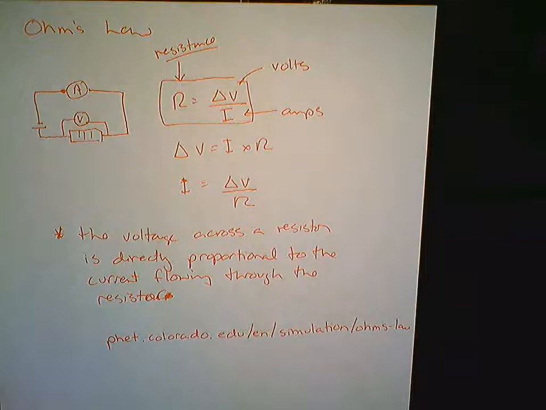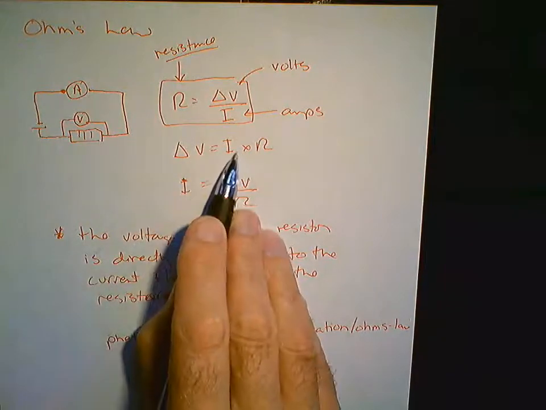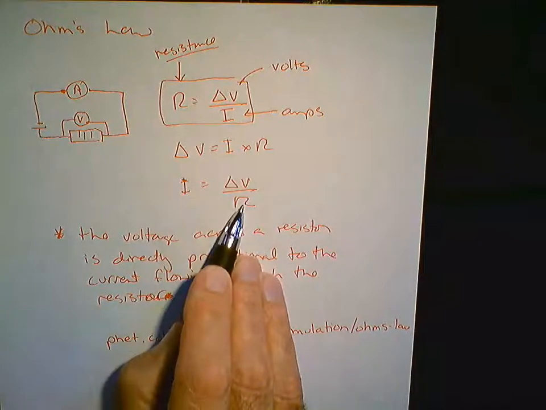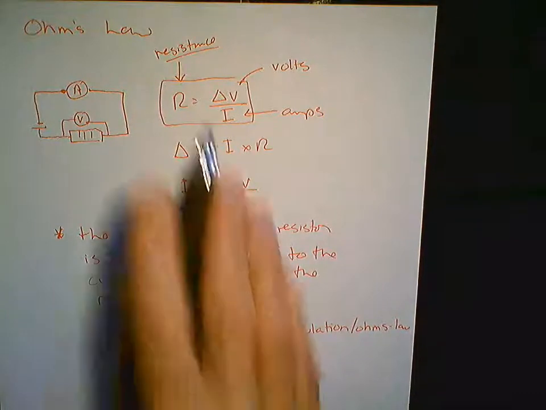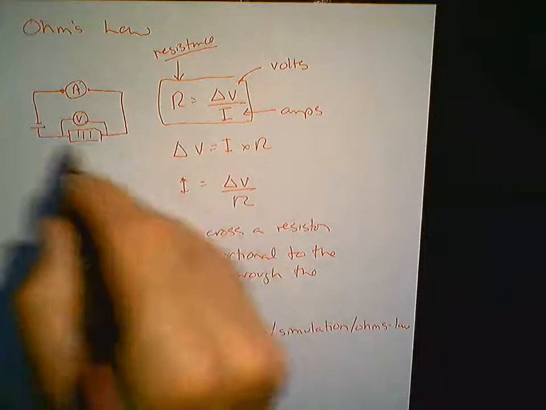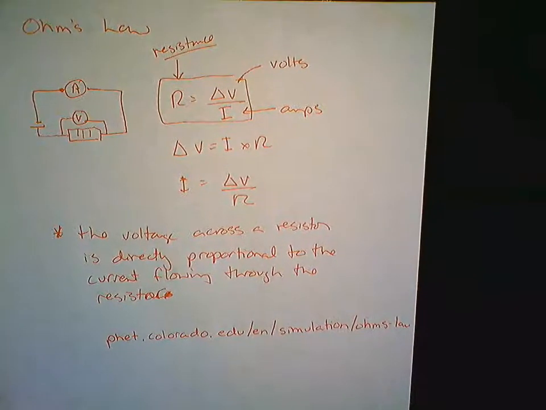Now, we can rearrange that to say voltage equals amps times resistance, or amps equals voltage over resistance. Remember that we can split this formula up. If we know two of the three components of a circuit, we can get the other one. If we know the amps and volts, we can find the resistance. If we know the amps and resistance, we can find the volts. And if we know the volts and resistance, we can find the amps.